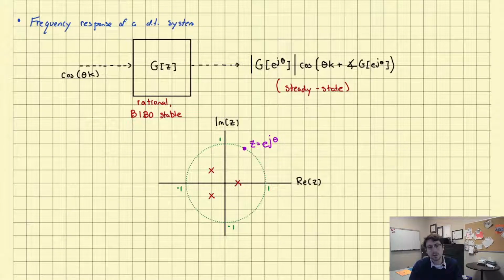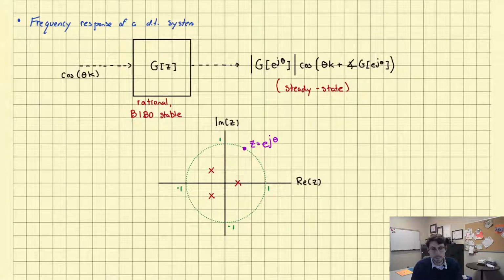Okay. The one difference in discrete time versus continuous time is that instead of setting s equal to j omega when we do our frequency response, we are picking values of the z transform variable z on the unit circle, right? So instead of points on the imaginary axis as in continuous time, we pick points on the circle, okay?